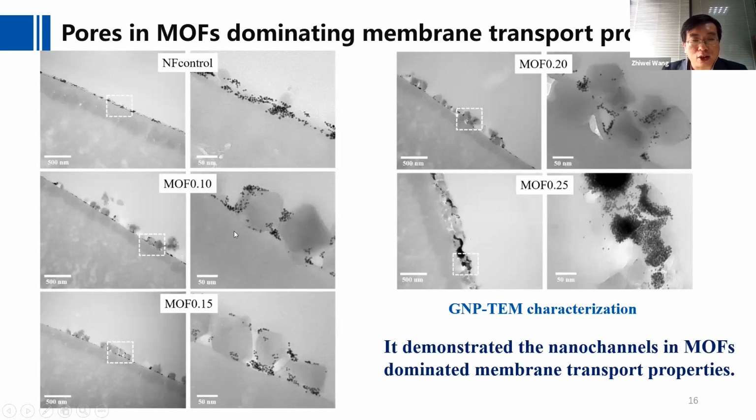However, after the incorporation of MOF particles, you can see here during the filtration, the gold nanoparticles were clustered around the MOF particles, suggesting that the nanochannels of the MOF particles played a dominant role during filtration, causing the accumulation of the gold nanoparticles around the MOF particles. Yeah, it clearly shows that there were nanochannels that we created in the nanofiltration membranes.